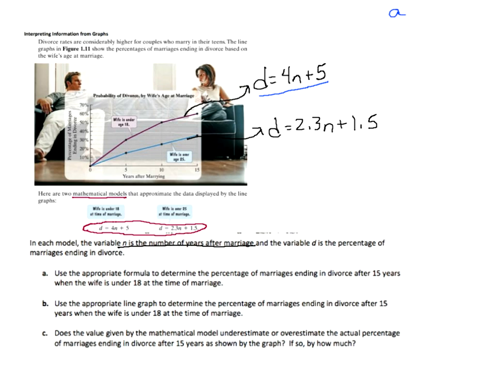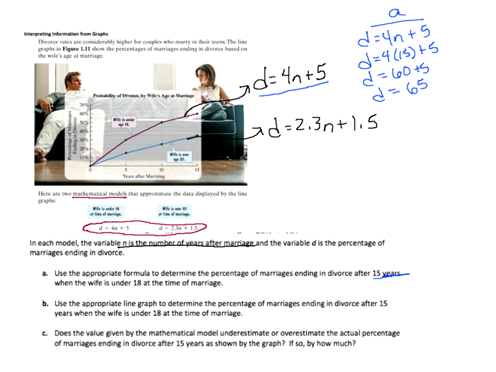So for A, I start out with D equals 4N plus 5. We're given 15 years after. So D equals 4 times 15 plus 5. D equals 60 plus 5. Wow.